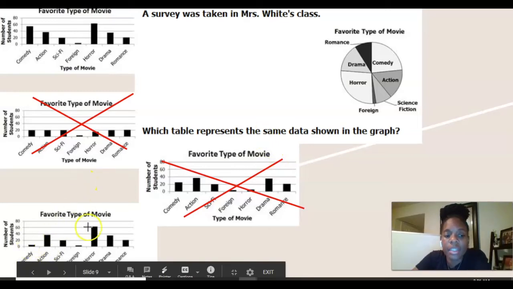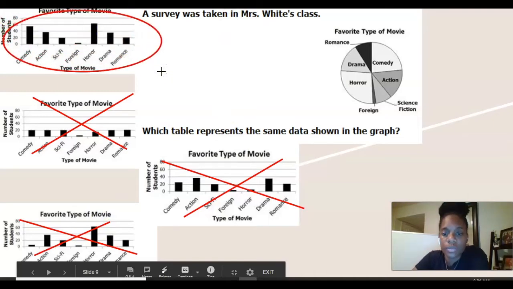It says that comedy is closer to horror movies than it is to foreign movies. So we would put an X through this one, and the only answer that would be true is this one in the top corner.